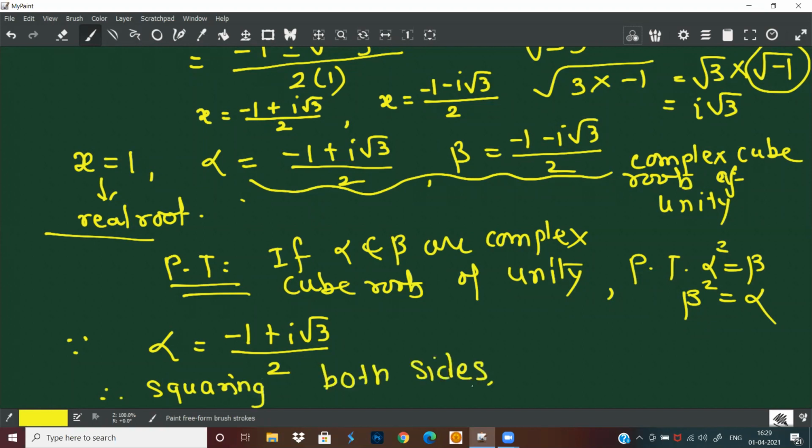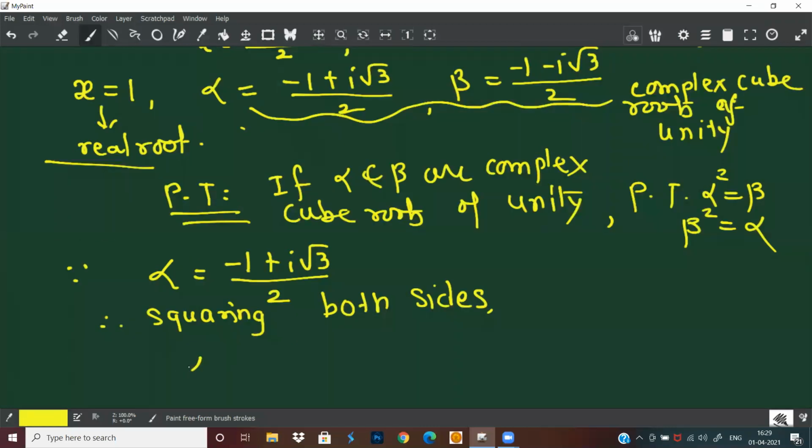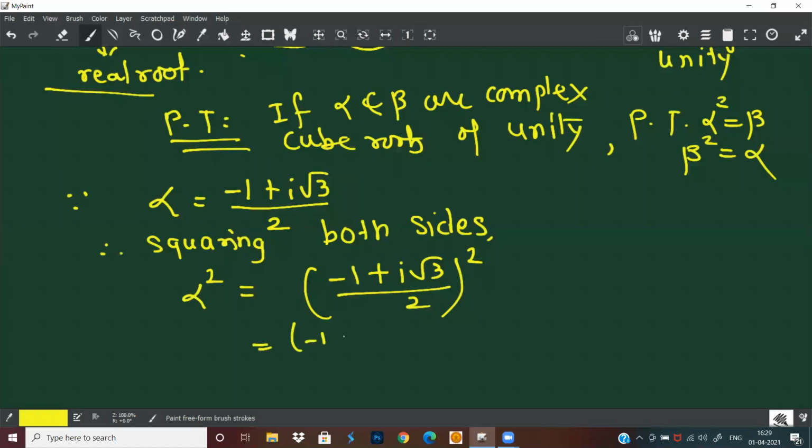Now we have to prove alpha square is beta. So I copied alpha and then I'm squaring both sides. So alpha square is the square of the right side. How does it come? Square of the first plus square of the second plus 2 into first into second. This is my A and this is my B. Middle sign is plus.